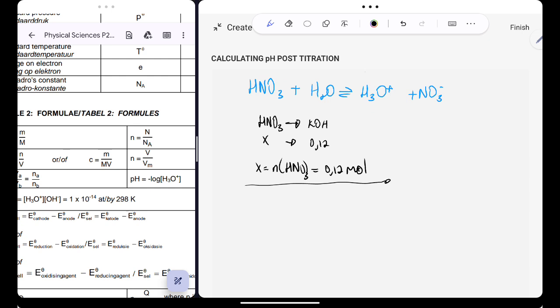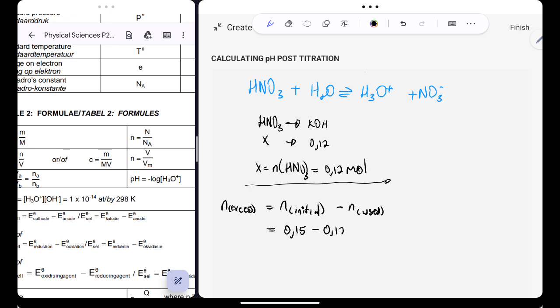How do I know that? The number of moles in excess is equal to the number of moles initial minus the number of moles which was used. So initially I had 0.15.